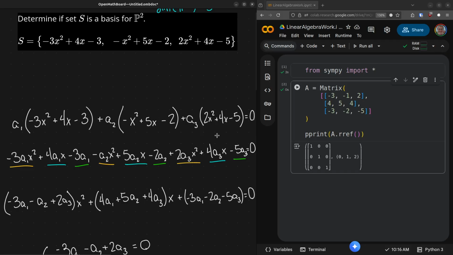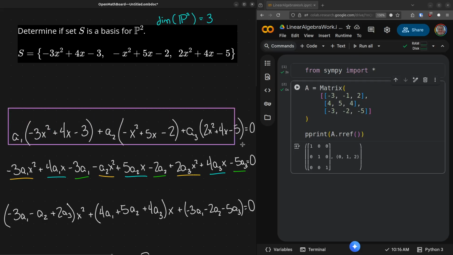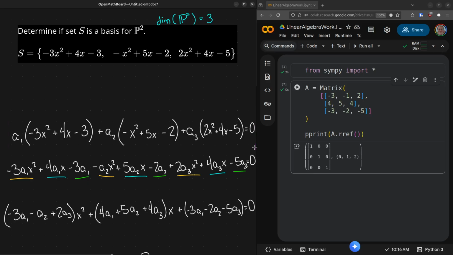That's the trivial solution. The trivial solution is the only way to make this equation true. If the trivial solution is the only solution to this homogeneous linear combination equation, it means the vectors are linearly independent. And since they are of the appropriate dimension, they are guaranteed to be a basis for P2.